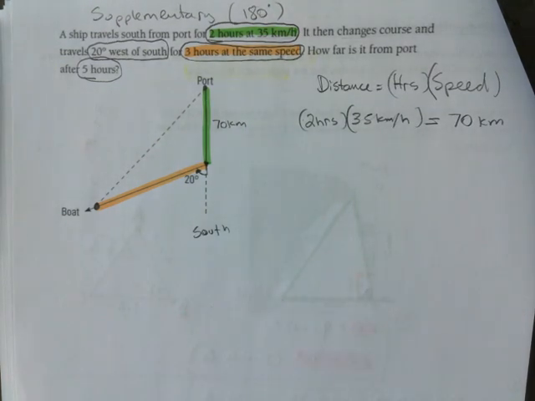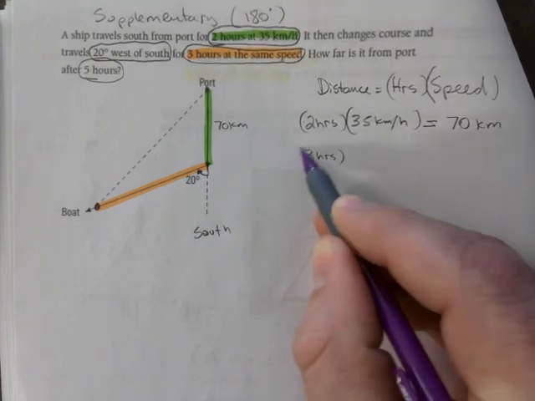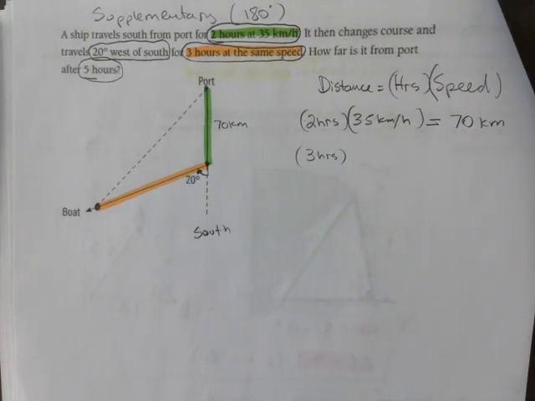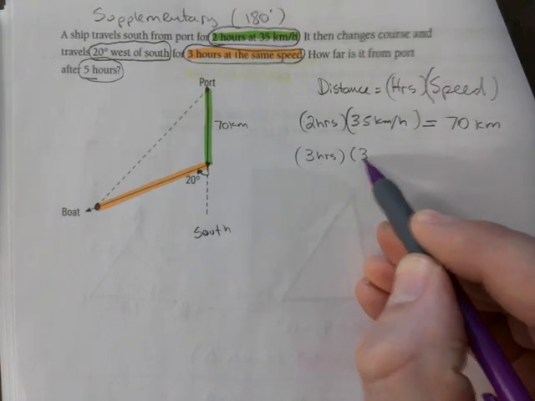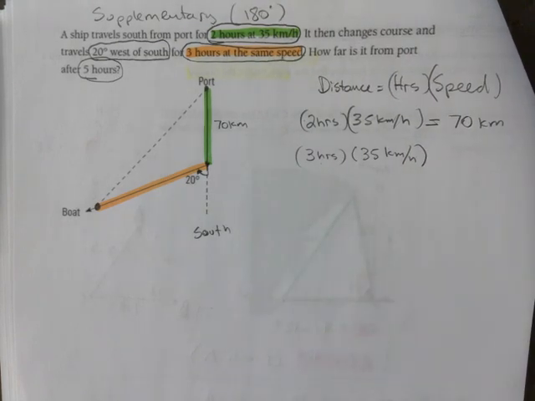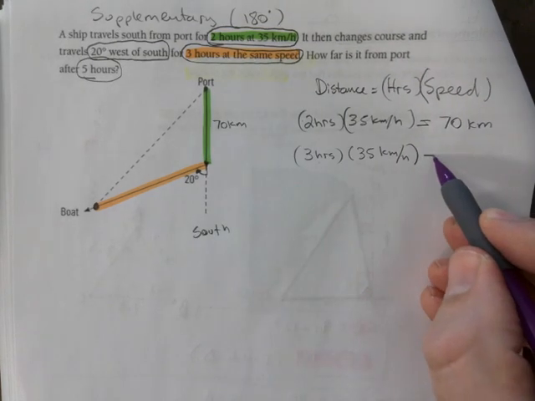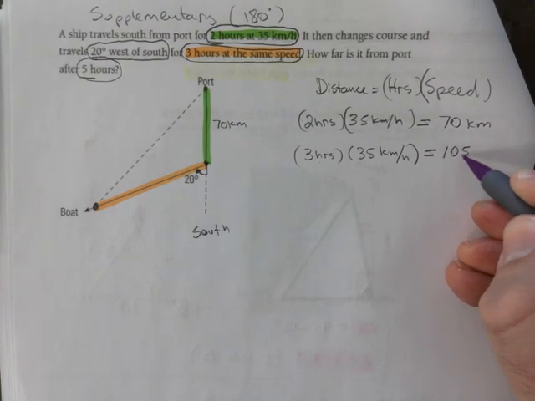So we're developing distances, in our case, side lengths of the triangle slowly, right? And then 3 hours, this could have been 3.5, it doesn't matter, right? So the 3-hour trip at the same speed, it could have changed the speed, but it didn't, right? 3 times 35, mental math, 105 kilometers.